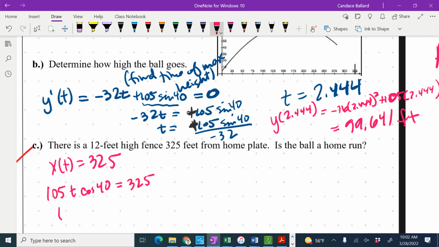All right, so we're going to put that in our calculator again, right? So we would have 325 divided by 105 cosine of 40.